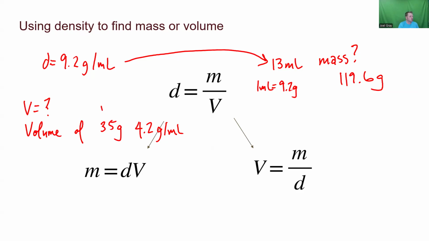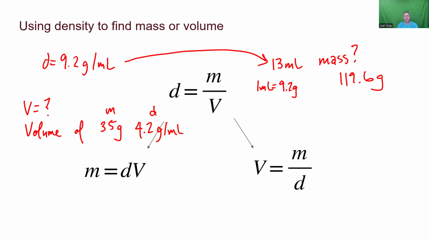Mass is measured in grams. Well, you don't need to know mass because you have it. Density is also provided. So you've got M and you've got D. So the question is, what's the volume?